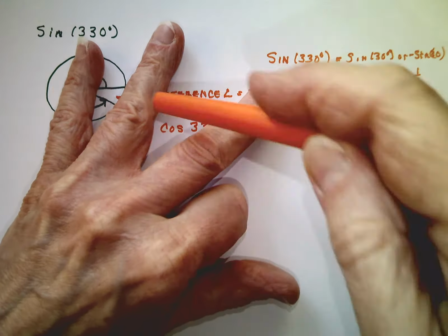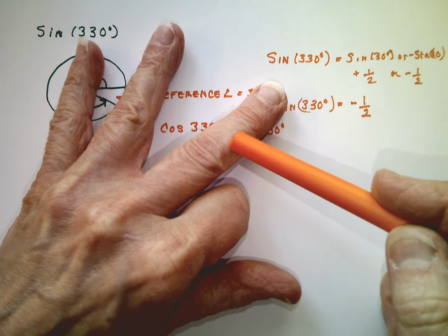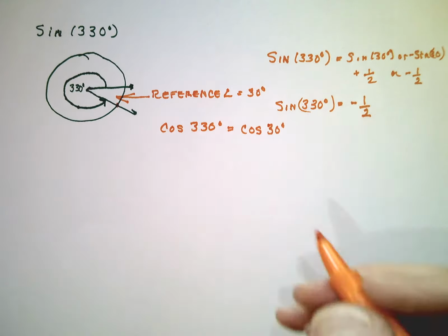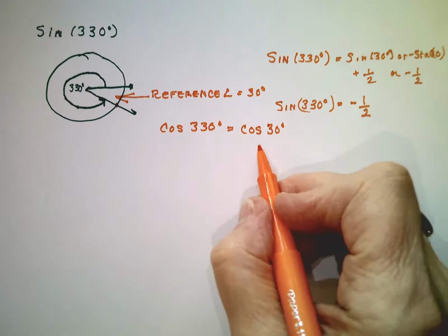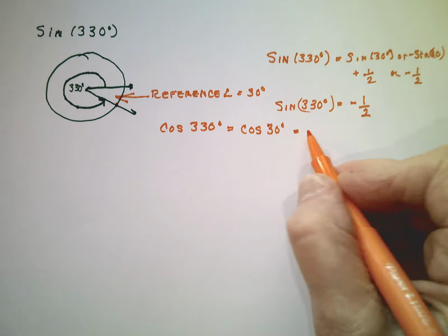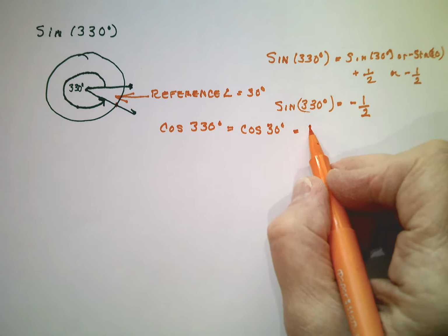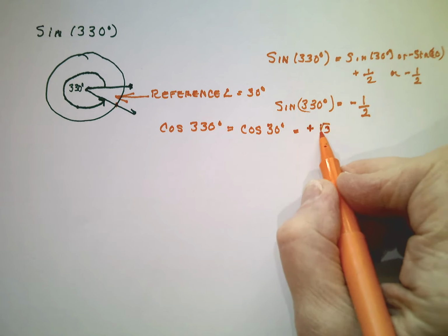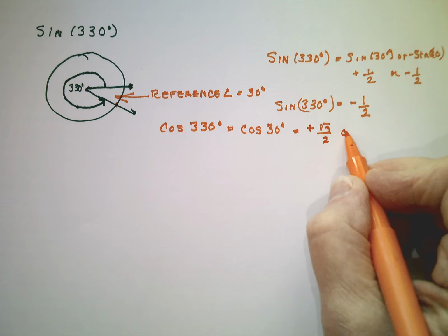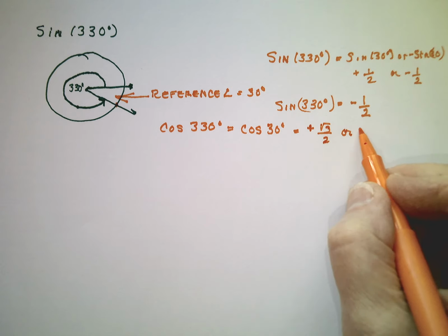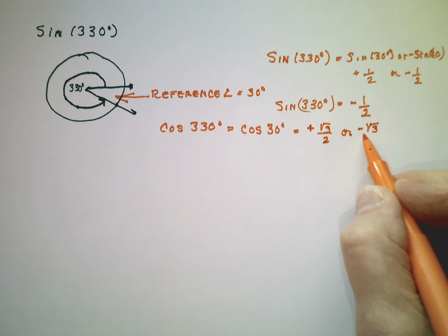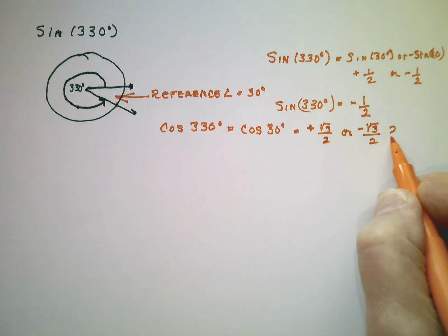Cosine's going to come down from the pinky. Got 3 fingers on this side. So it's either going to equal positive square root of 3 divided by 2, or it's going to equal the opposite of the square root of 3 divided by 2.